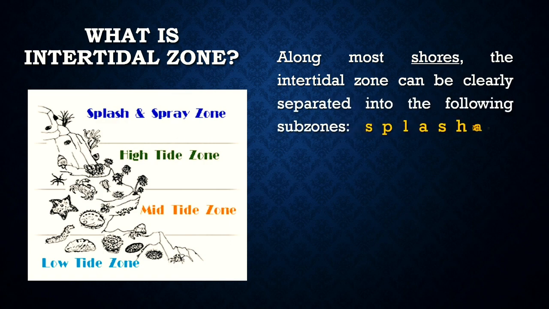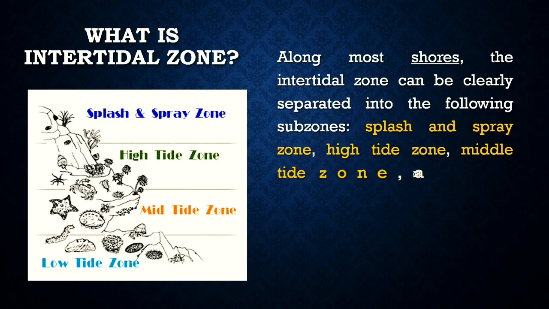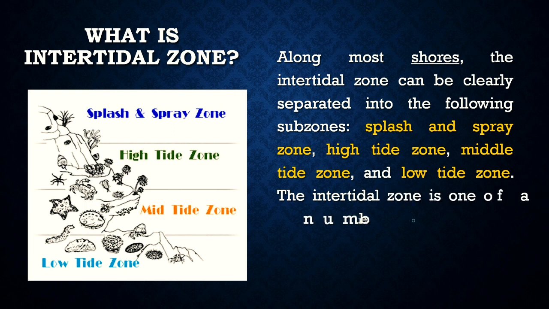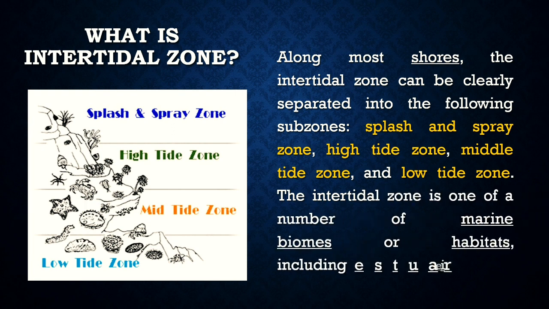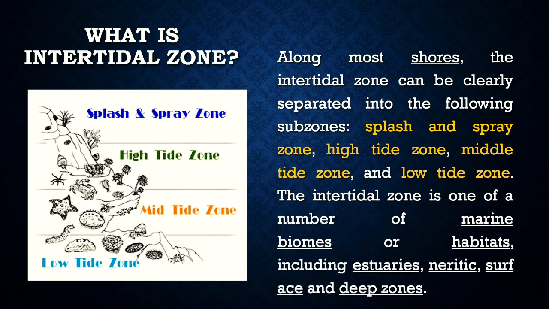Along most shores, the intertidal zone can be clearly separated into the following subzones: splash and spray zone, high tide zone, middle tide zone, and low tide zone. The intertidal zone is one of a number of marine biomes or habitats, including estuaries, neritic, surface, and deep zones.